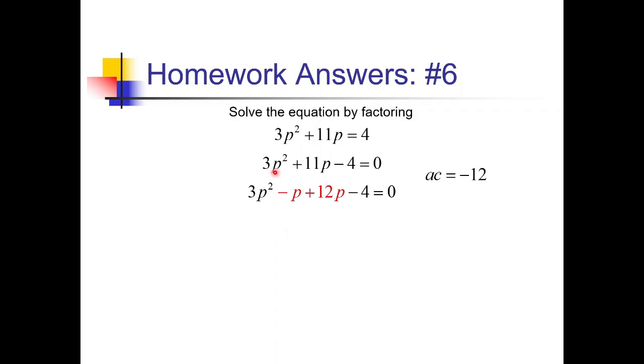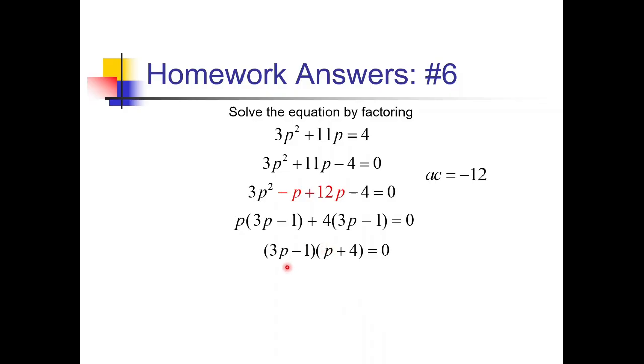Looking at my first 2 terms for common factors, I can take a p out of these first 2. That leaves me with a 3p minus 1. And for 12p minus 4, I can take out a 4 from both of those, leaving me with 3p minus 1. 3p minus 1 is my common factor that I can take out of everything now, and then I'm left with p plus 4 as the other factor.